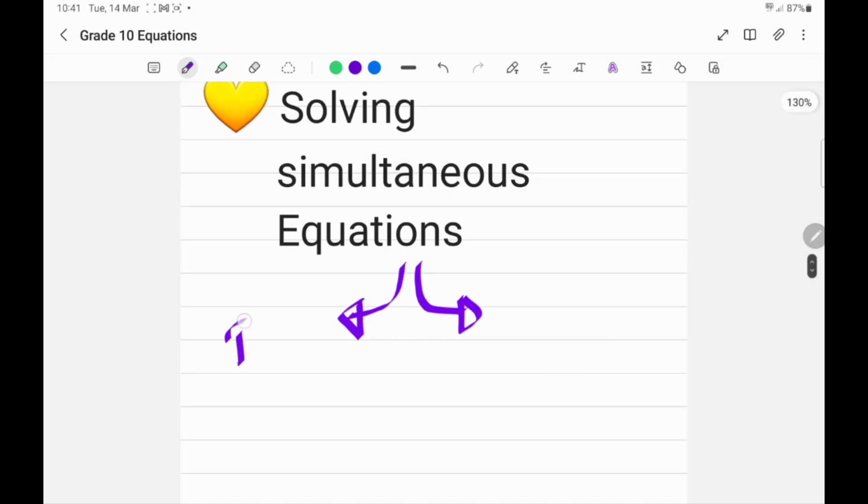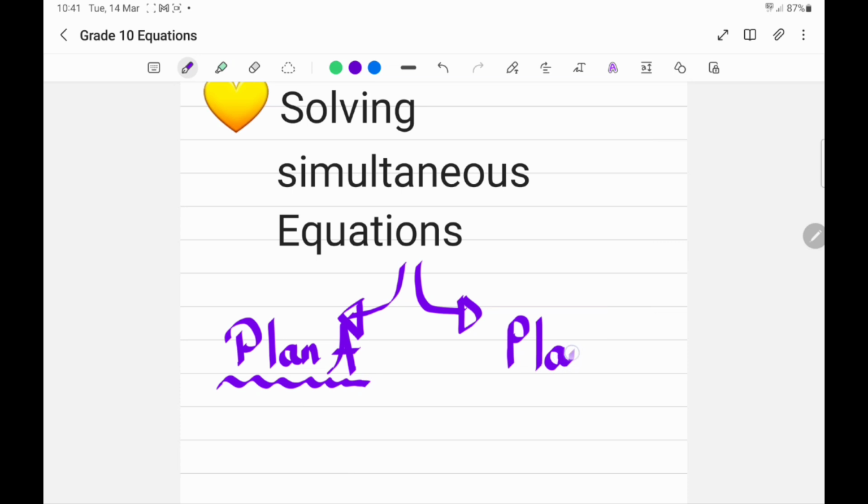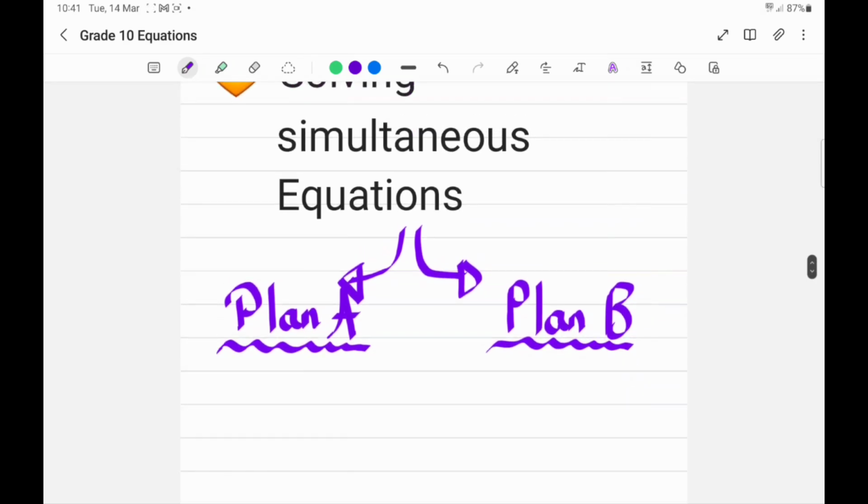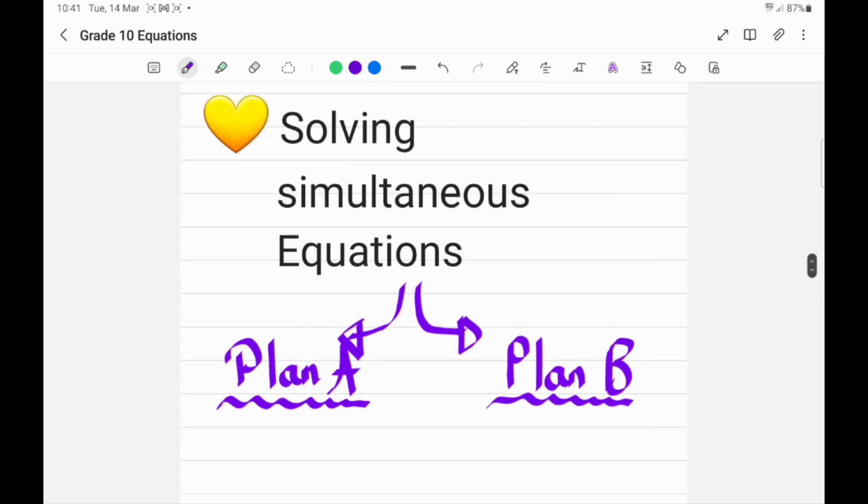We can either follow plan A, and sometimes plan A doesn't work and we have to follow plan B. So please don't just say, okay, I'm just going to know plan A, because plan B is so much quicker and sometimes less likely to make a mistake with plan B. Plan A, yeah, it's up to you, but I highly suggest that you know plan A, but that you also know plan B. All right, and I'll show you when you can use plan A and when you can't use plan A, that you have to resort to plan B.